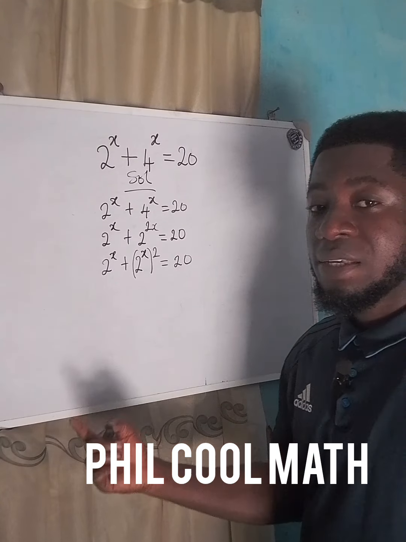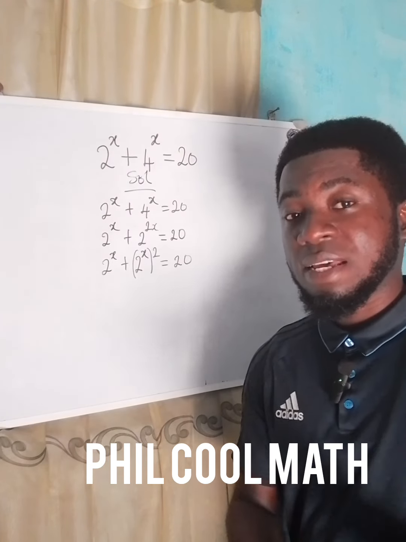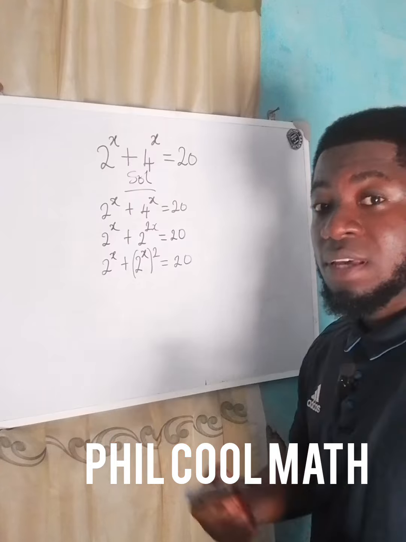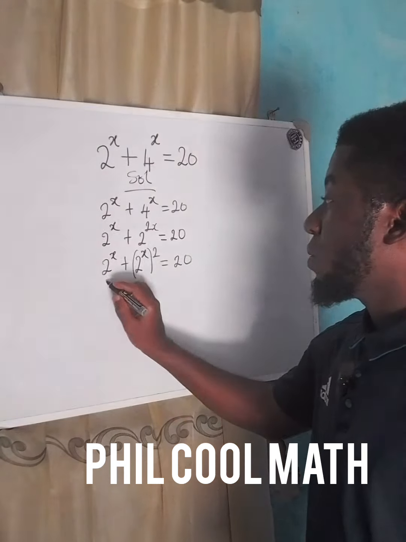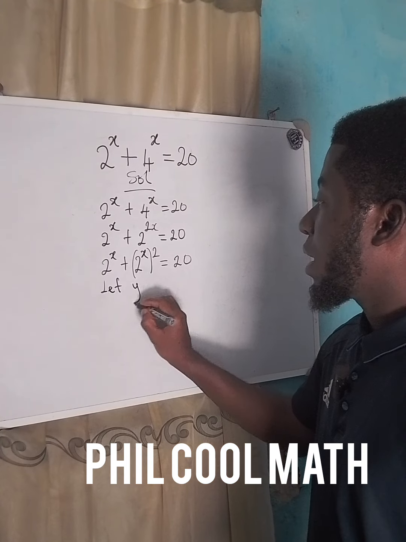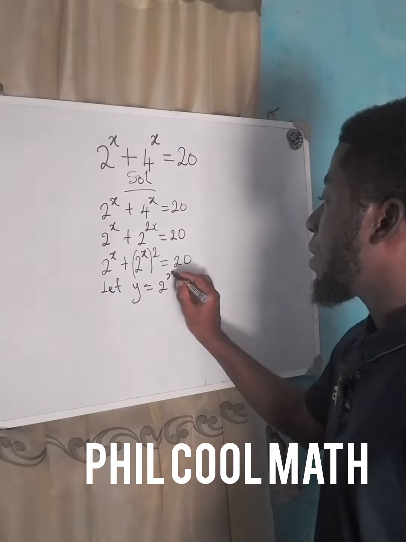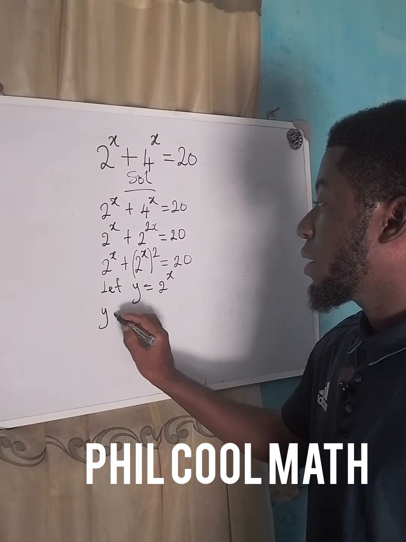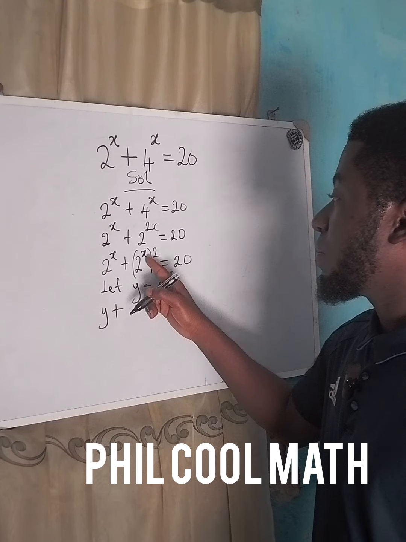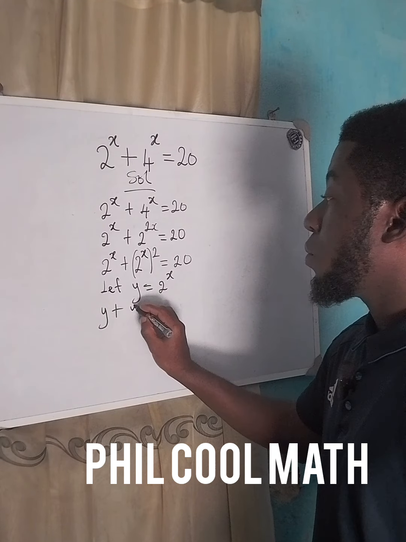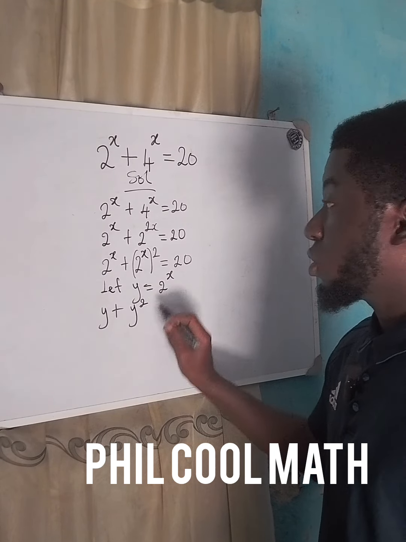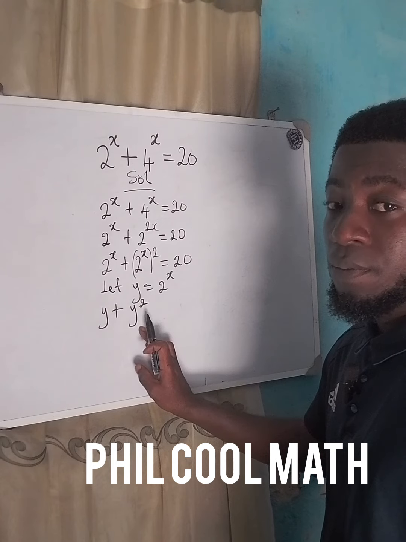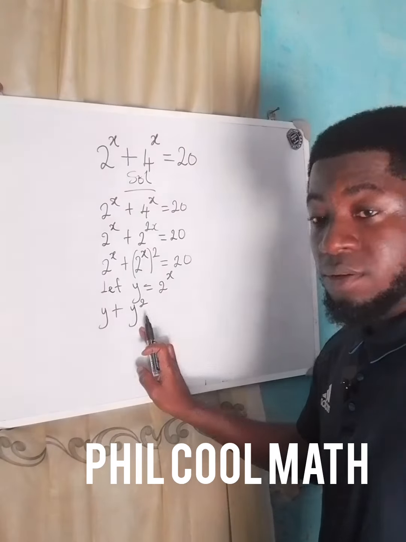Why don't we replace 2 to the power of x with a letter so that it will be easier for us to proceed? So let y be 2 to the power of x. So that means that here I'm going to have y, then plus 2 to the power of x squared. That will be y squared now, because what you have in the bracket is y, and there's a square outside.